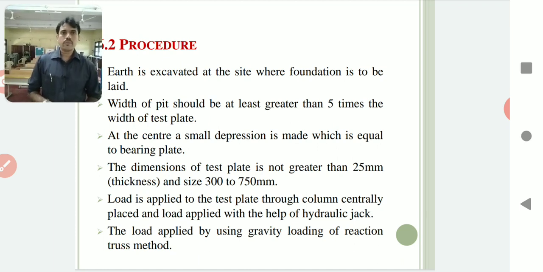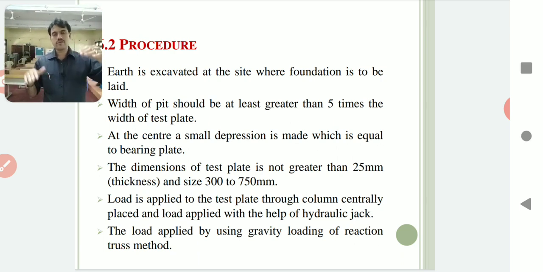And then load is applied to the test plate through a column centrally placed, and load is applied with the help of a hydraulic jack. What I explained in the previous slide, in that you have observed that a jack is placed exactly at the center over the plate, and then over that we have placed a plank.